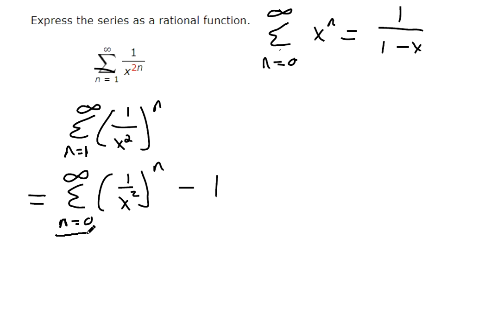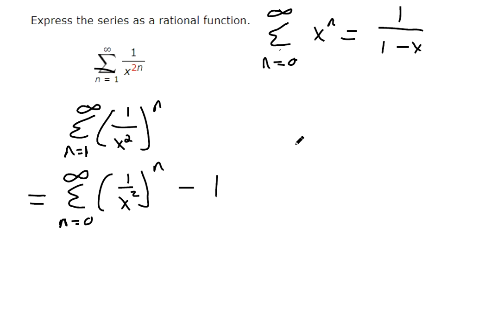So if we're going to start from n equals 0 to infinity, we have to take out that 1, because the series we were given starts at n equals 1 and not at n equals 0. So this is equivalent to this. We have to subtract 1 because we're adding in a new term, the n equals 0 term. We've got to take out the n equals 0 term.